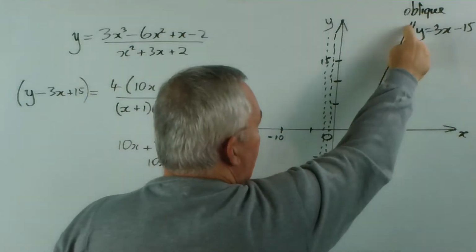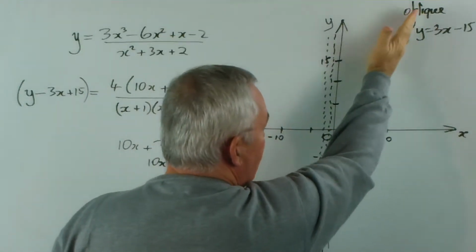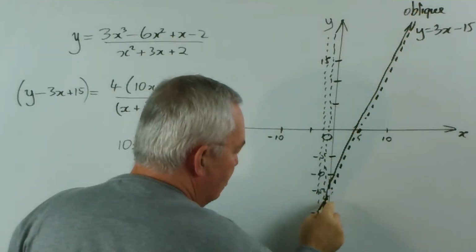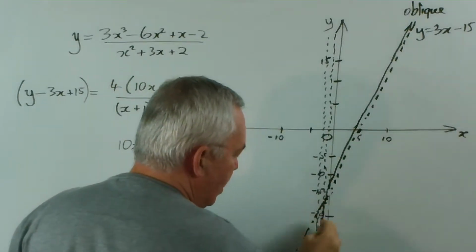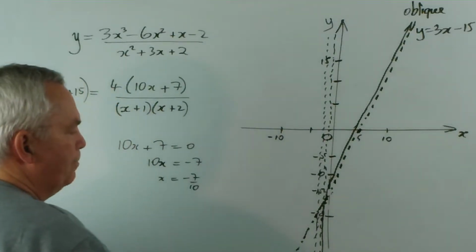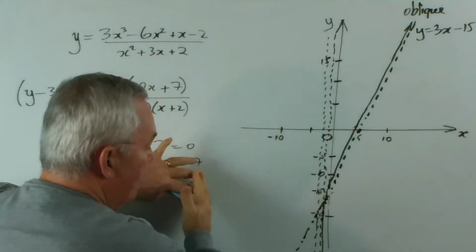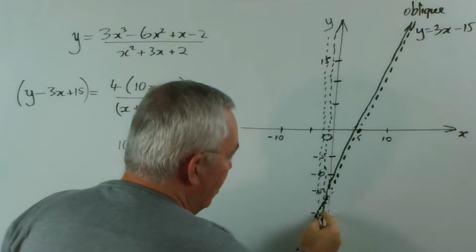So in other words, we've got this long part of the graph on the top side, on the positive side of the asymptote here, and then it passes through this point on the oblique asymptote and plummets down just to the right of the x equals minus 1 asymptote. Now there's no change of sign from here on, so we treat it just the same as we do all the checkerboard patterns.